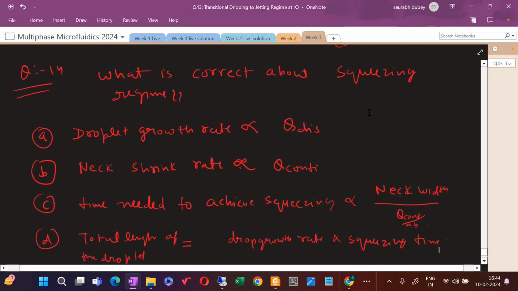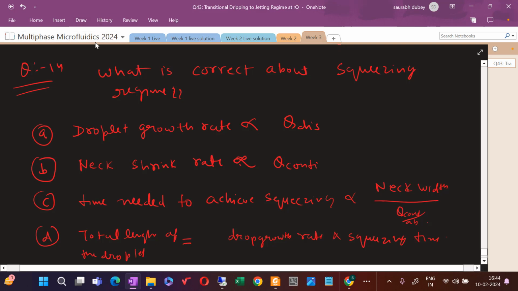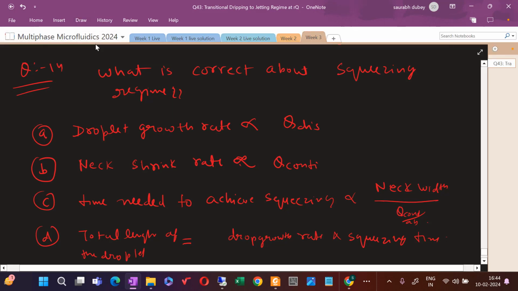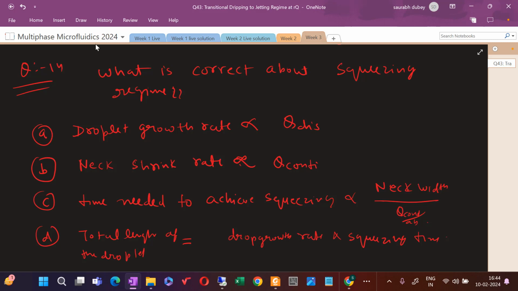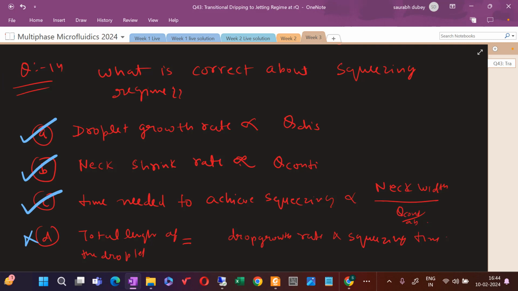If you actually remember the discussion that has been taught to you in the class, then you will come to know that this total length was the diameter of the T junction, the channel, plus this. So this is wrong, and these all are correct options. So A, B, C is the correct answer for the given problem about the squeezing regime in the channel.